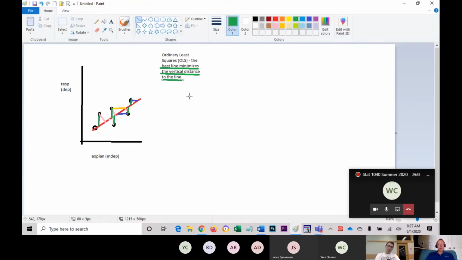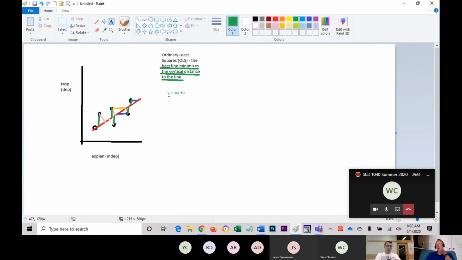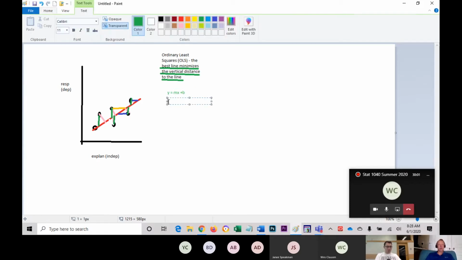You're probably all familiar with the equation from Math 1010. Let's say y equals mx plus b. You've all seen that many, many times in previous math classes. Instead of using that, I prefer that because I think that's what you are familiar with.